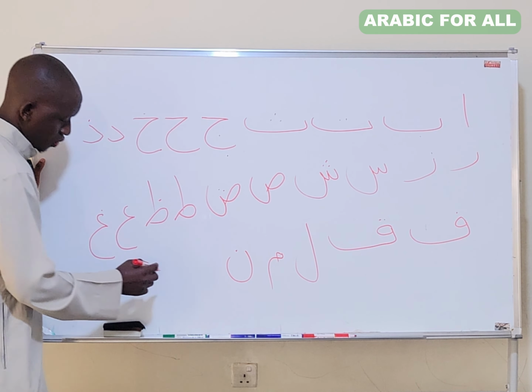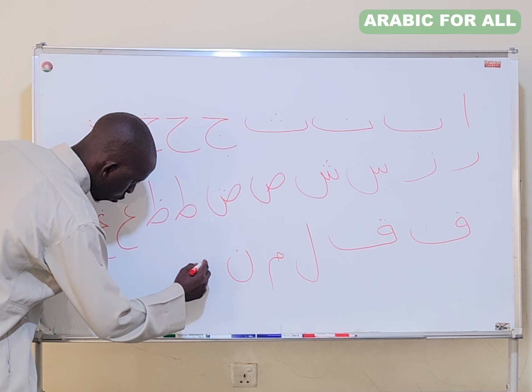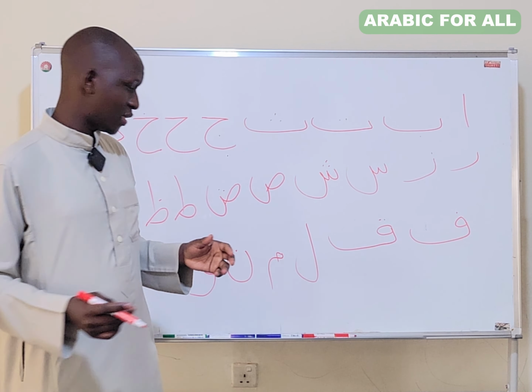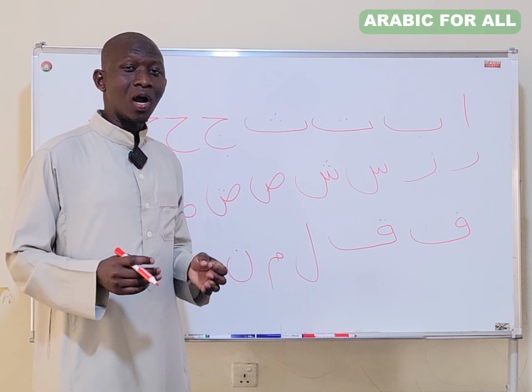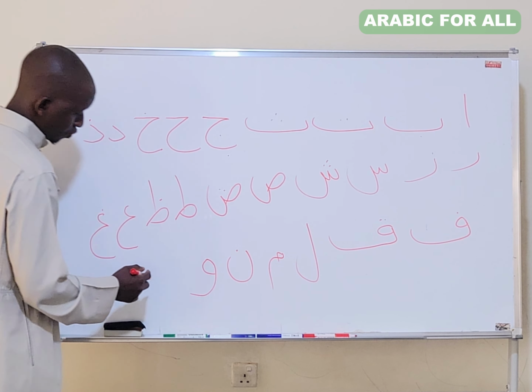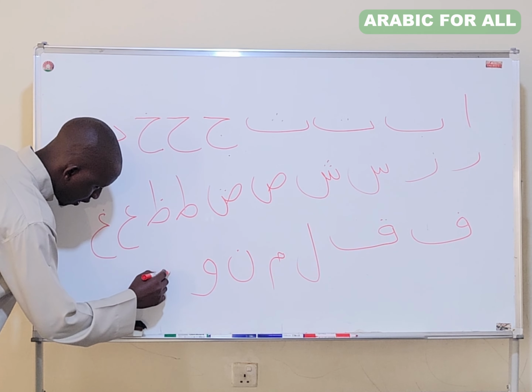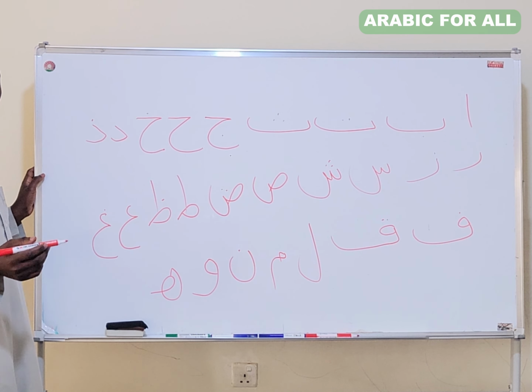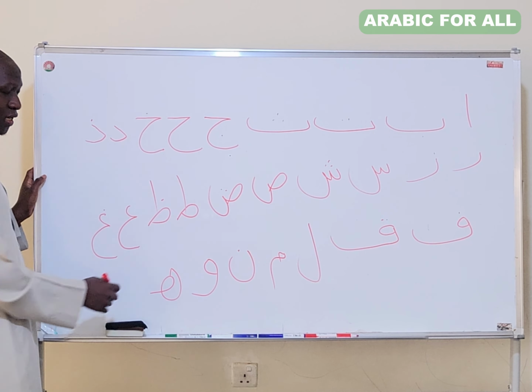Then we have what we call waw. As if you're wondering about something, so say waw. Then we have what we call ha. You can call it ha'u, written as you've seen here. Ha.